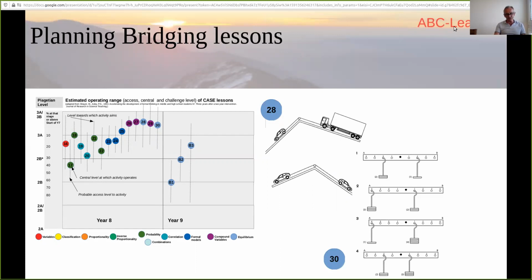And then lesson 30 is to do with lever law equilibrium, to do with balancing moments. So we have, again, 4 variables at work, and relationships between these variables. So that was a starting point to focus back to the thinking that they'd done at the end of their case, at the end of year 8.